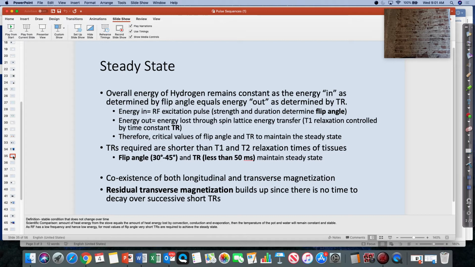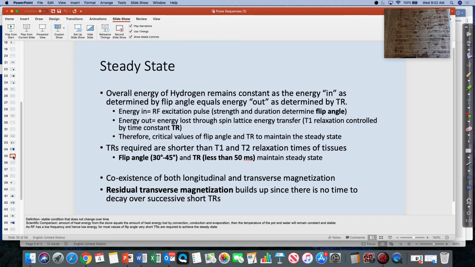So we're putting energy in, which is our RF pulse, exciting those hydrogen protons, but then we're losing energy. Remember, tissues are regrowing, so they're losing energy to the lattice. Spin lattice is always associated with T1. Spin-spin is associated with T2, where you're losing energy to your neighboring spins.